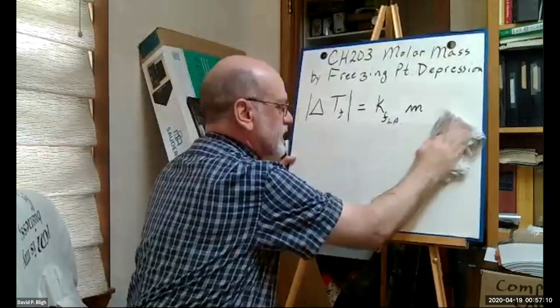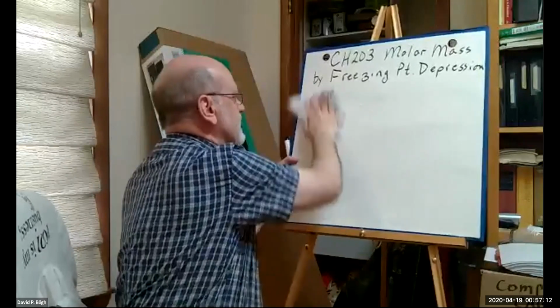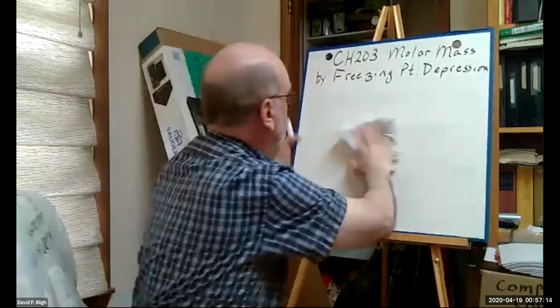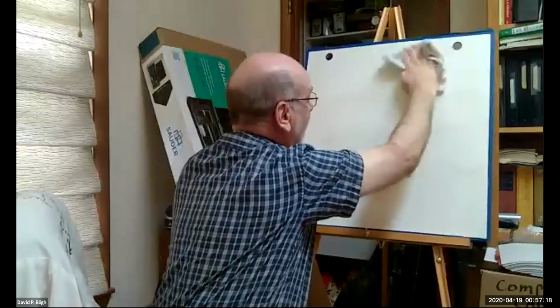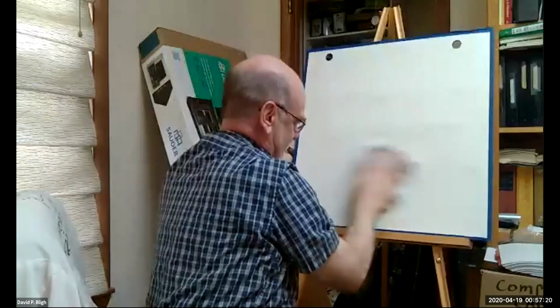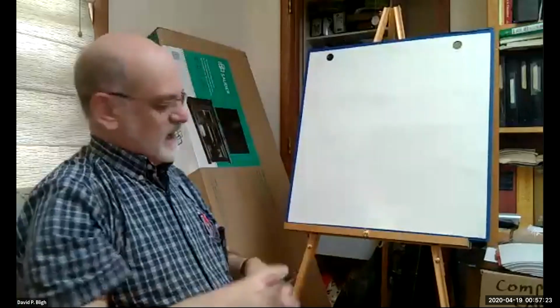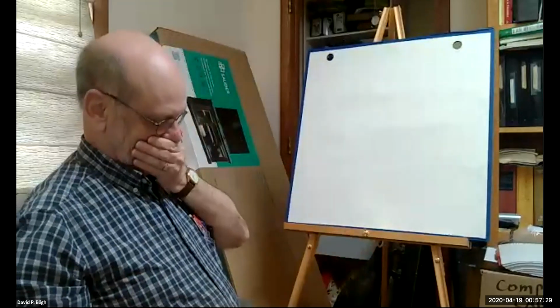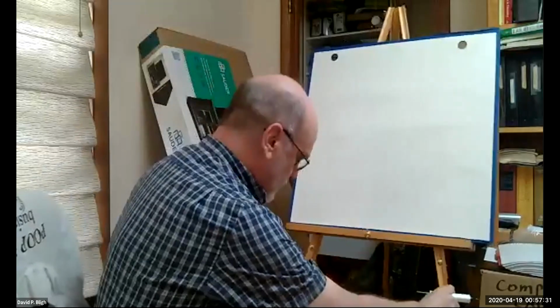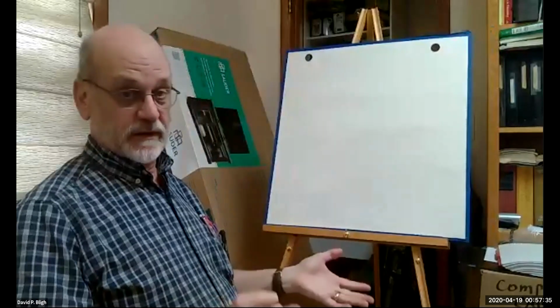So let's go to the next step. I'm going to need some more room, I'm sure, so let me erase this. All right, and let's go to the next item on the agenda. Describe the exercise. So we know the theory behind it. What we need now is how do you do it?